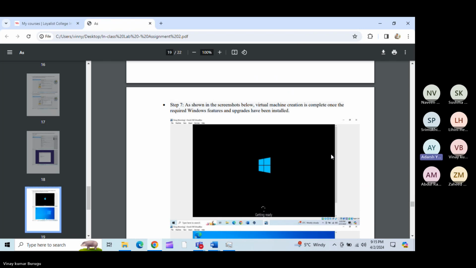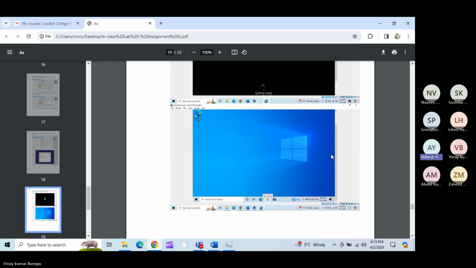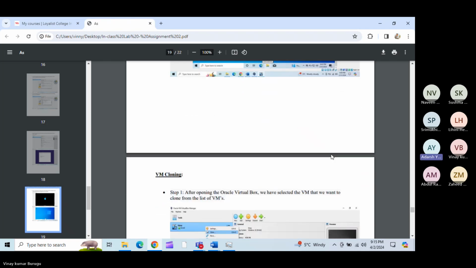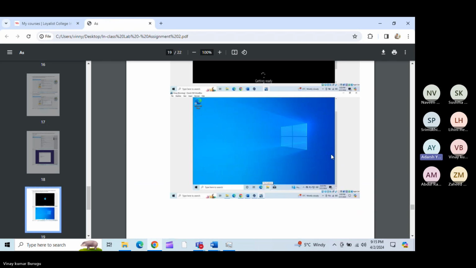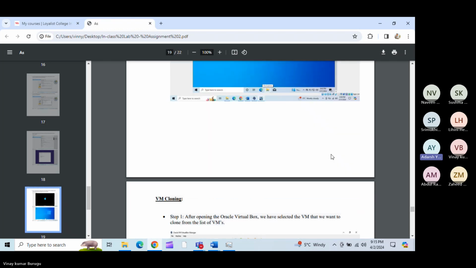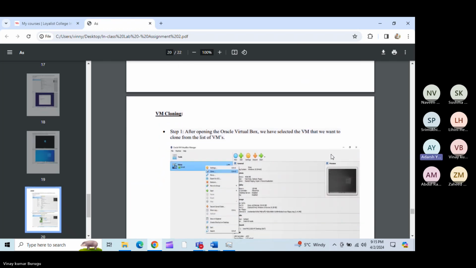So to clone the virtual machine, we have to power off the original one, and then we can start our VM cloning process. This part will be explained by my friend Sushma.